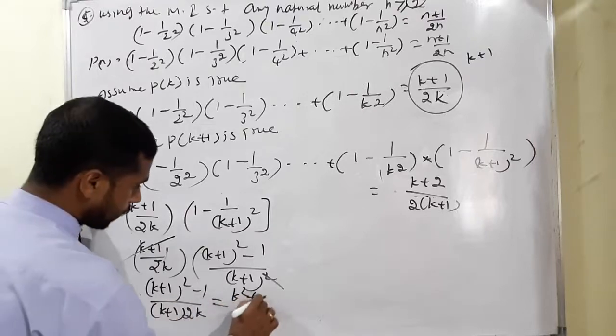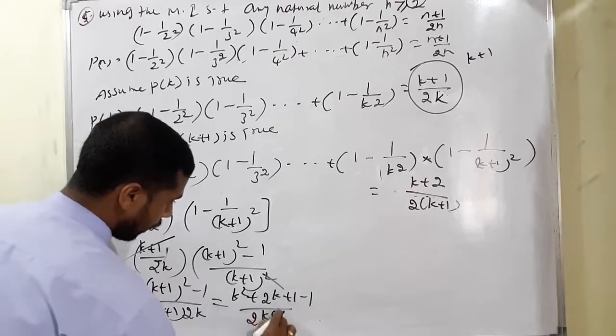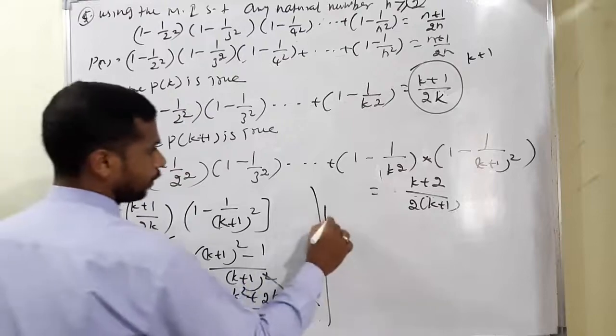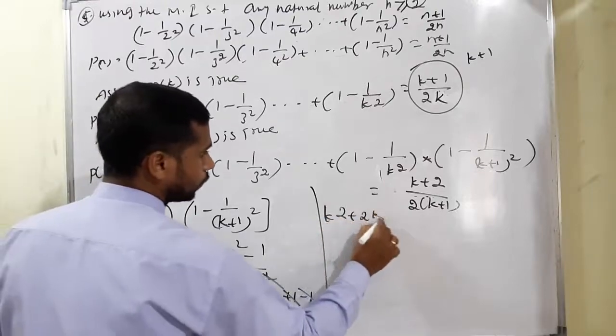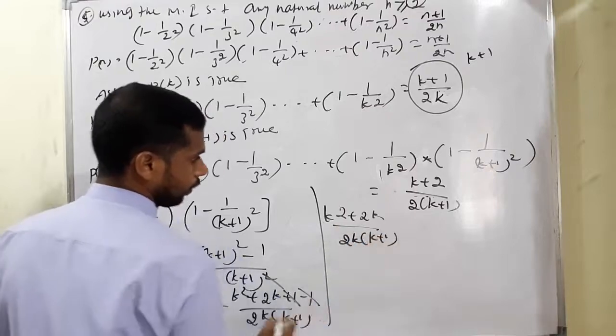Therefore we can write it (k² plus 2k plus 1 minus 1) divided by 2k times (k+1). So plus 1 minus 1 cancel, then balance (k² plus 2k) divided by 2k times (k+1).